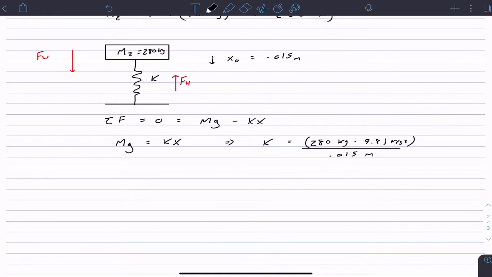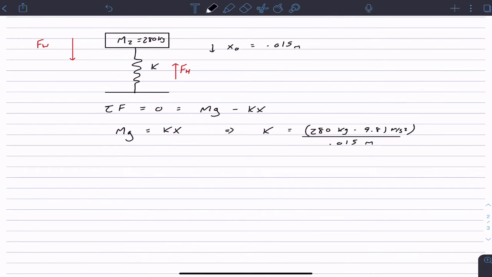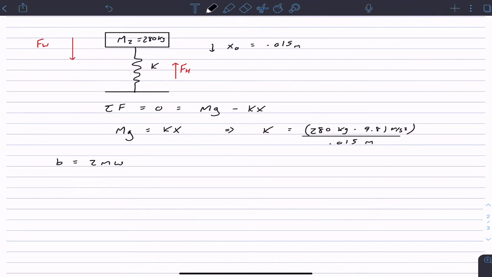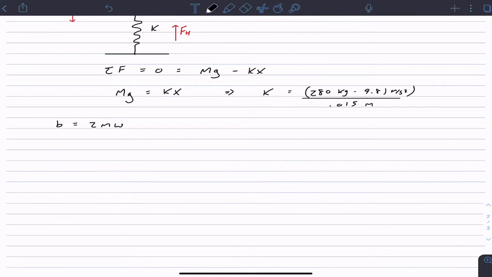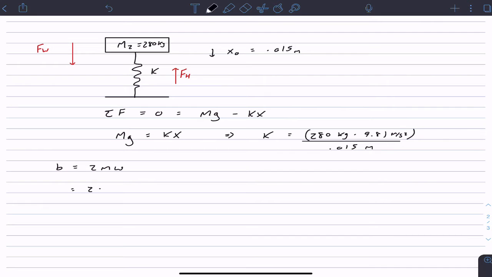So we're asked to find what is the damping constant. We're given a relationship in the chapter summary that we can use. There's a derivation in the chapter as well. If you want to go through that, it's a good idea. So now we have 2 times the mass. And this is going to be for the total system.